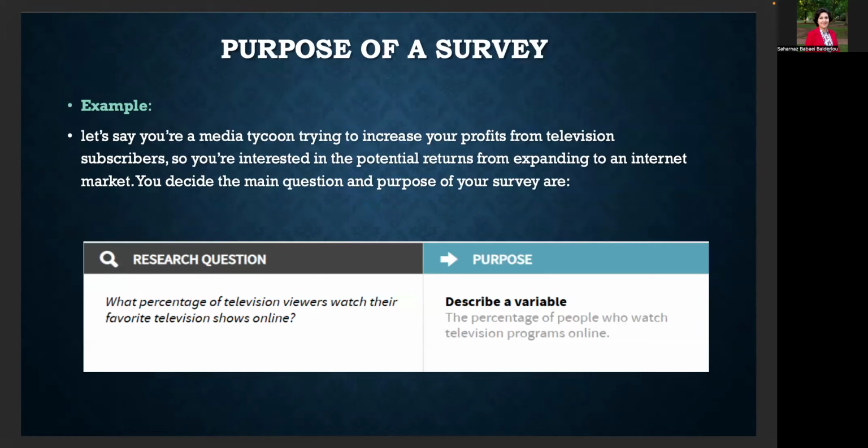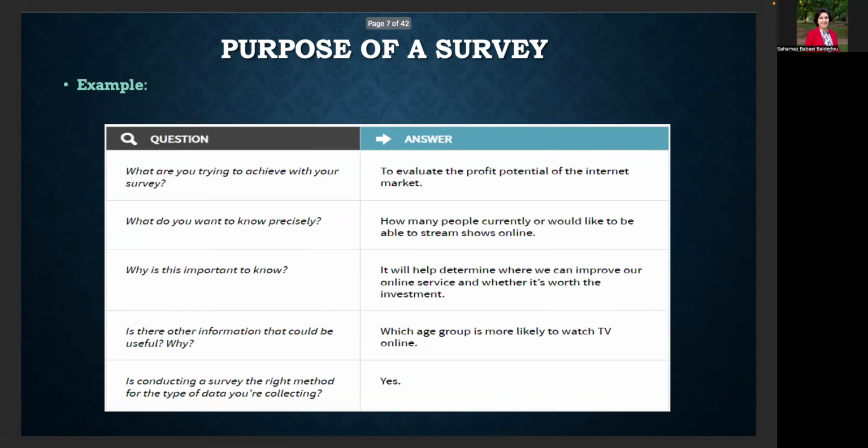Here is an example. Imagine you're a media company exploring whether expanding from television to internet streaming is profitable. Your survey's purpose would be to understand viewer interest, subscription willingness, and online habits. In this example, your main question might be, are customers interested in subscribing to an internet-based service?